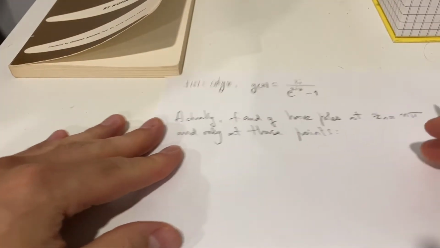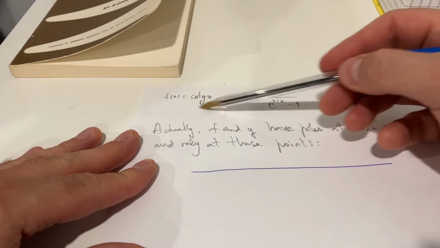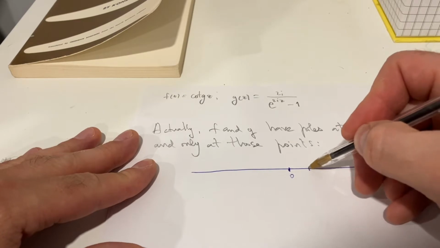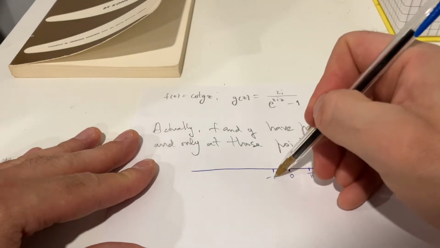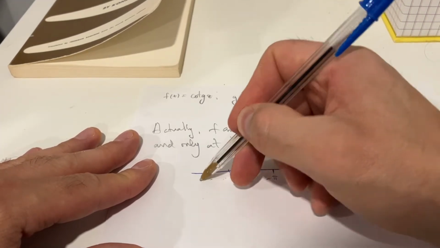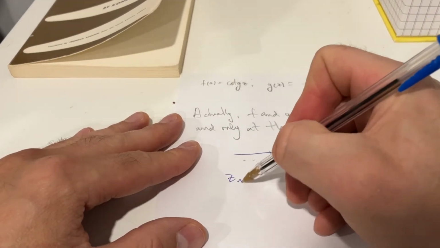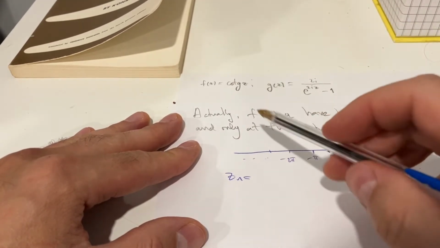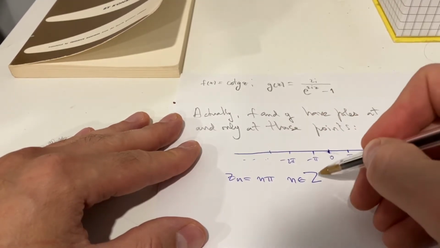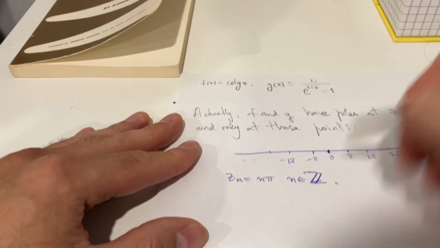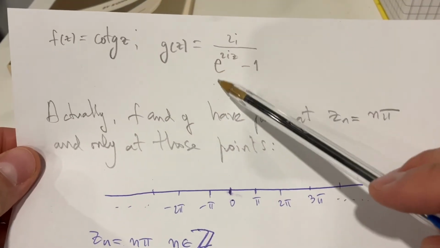Okay, so what we say here is that the poles of cotangent of z happen at pi, 2 pi, 3 pi, etc., and negative pi, negative 2 pi, etc. So all the zeros indeed of f happen at zn equal, sorry, not the zeros, the poles of f happen at zn equal n pi for n an integer number, n in Z. Okay, now the same points are the poles of this function g.